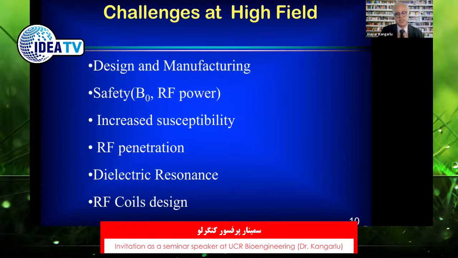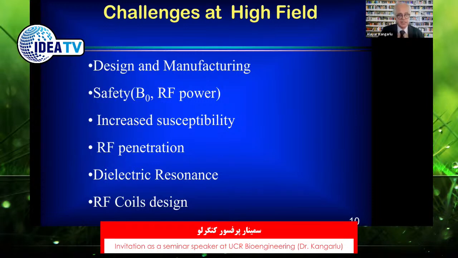The challenges that I told you about were design and manufacturing of the MRI scanners operating at very high fields, and safety, as I said, safety for both static magnetic field and RF power. One concern was increased susceptibility, which we know goes up directly proportional to the field strength.